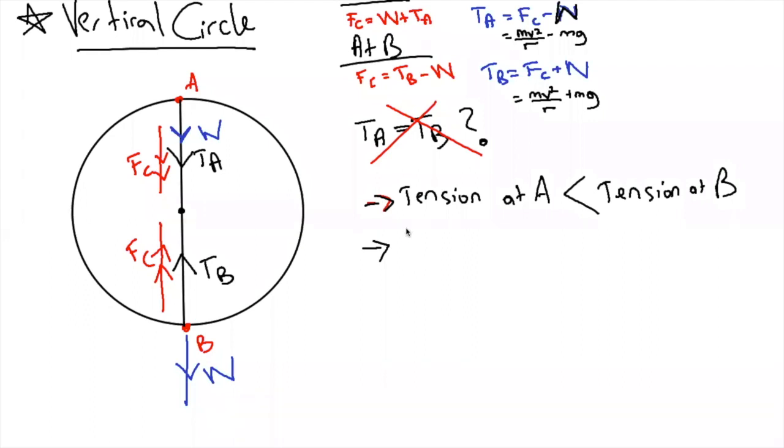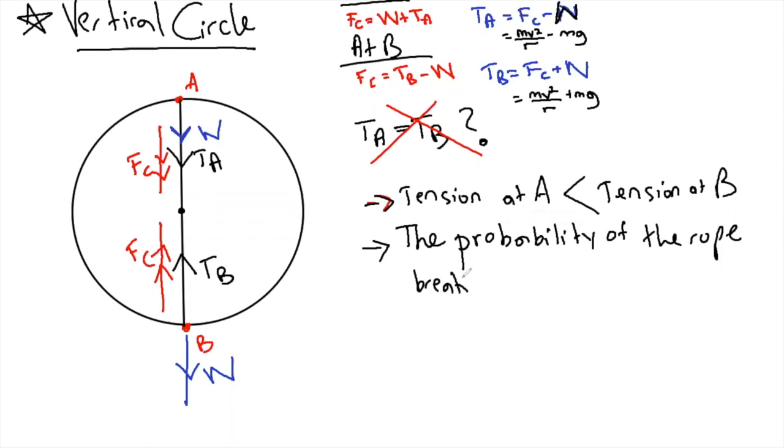By the way, it's a very important point. There's a question in past papers about this as well. So the probability of the rope breaking is highest because, okay, I'm writing this to answer Ima's question as well.